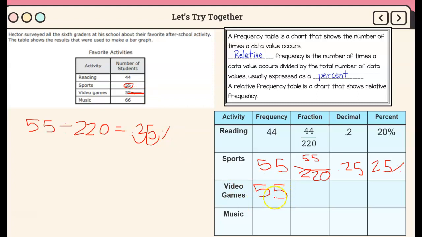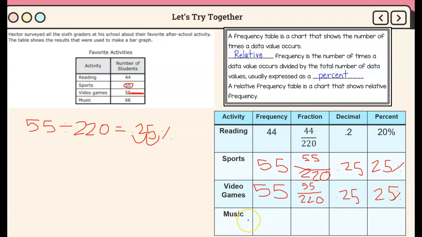Now, since this is the exact same number of students who liked sports, I know I can just copy all of this. So my fraction will be my part, 55, over my whole, but the total is 220. When I do 55 divided by 220, I get 0.25. And the way to turn that into a percent, move it 2 places to the right, and now I have 25%.